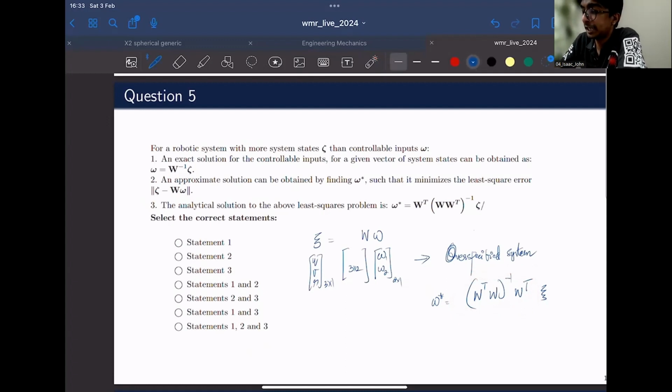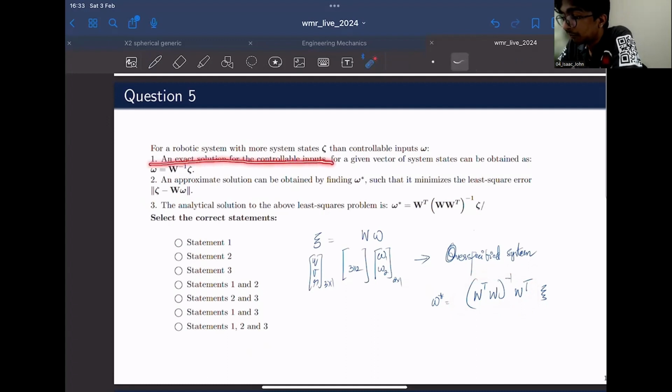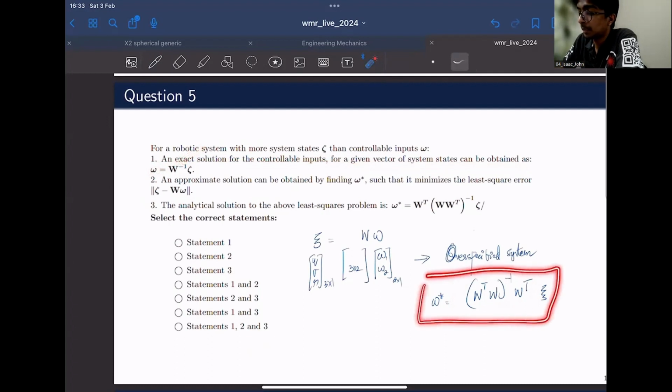With this in mind, shall we go through each of the statements? Statement 1 says an exact solution for the controllable inputs for a given vector of system states can be obtained as W inverse zeta. So it has multiple problems. It says an exact solution, but we know we cannot have an exact solution, only an approximate solution.